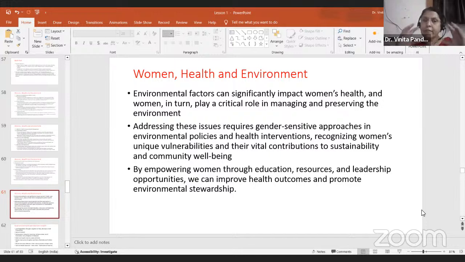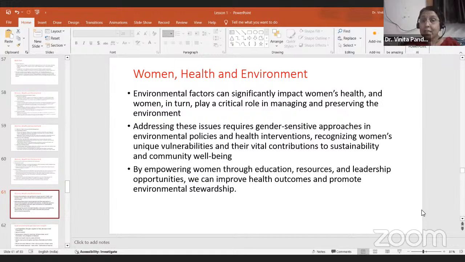What is very important, whether it is health policies, for example, you have family planning schemes, population control schemes, schemes connected with reproductive health, or nutritional programs connected with women. Until and unless the vulnerability of women is understood, appreciated, and recognized in policy making, all the policies are likely to fail.